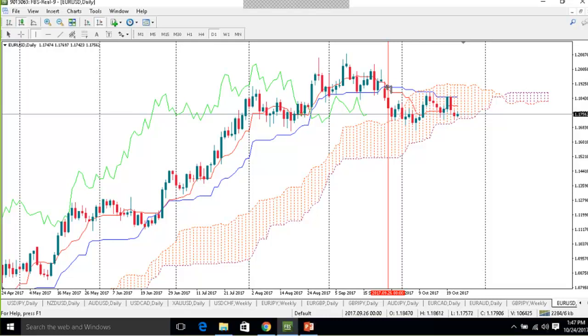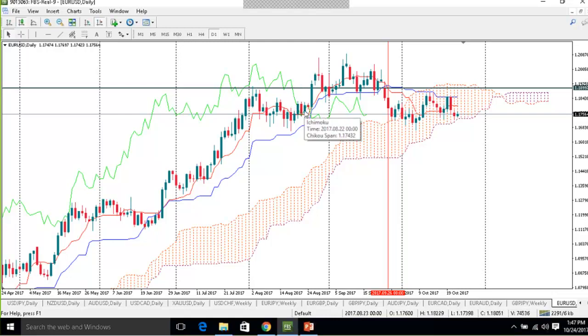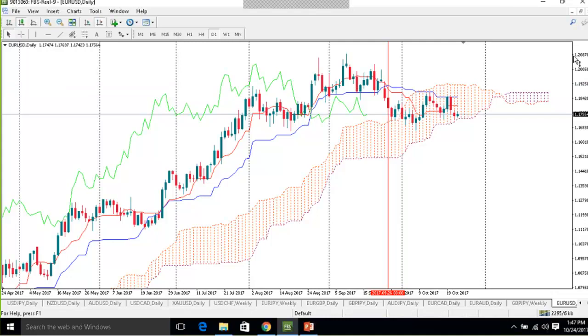So when we had the signal here, the green line still didn't intersect the price chart. So conservative traders probably wouldn't have entered the market at this point if they waited for all elements of the Ichimoku chart to line up here.